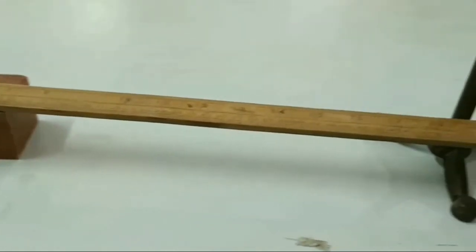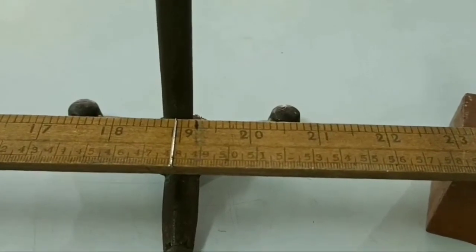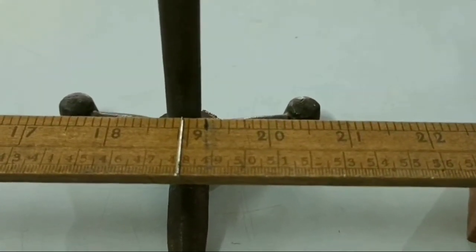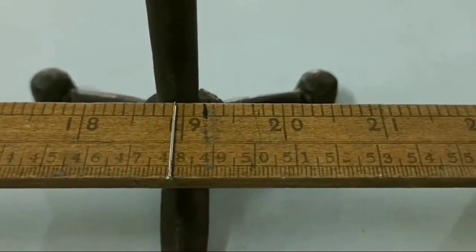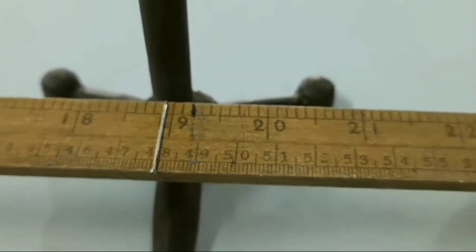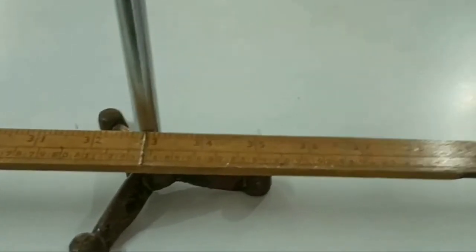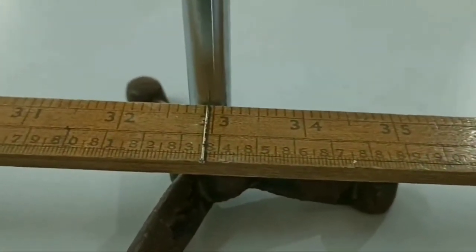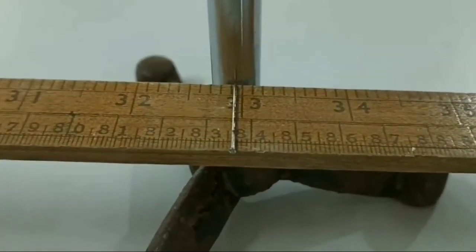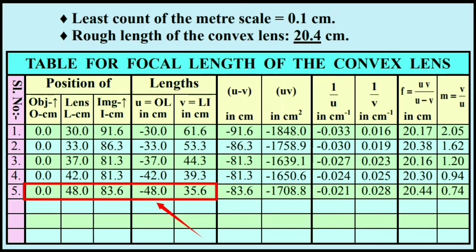The position of the convex lens on the meter scale is 48.0 centimeter, and the position of the image locating pin on the meter scale is 83.7 centimeter. Let's proceed for the next observation.